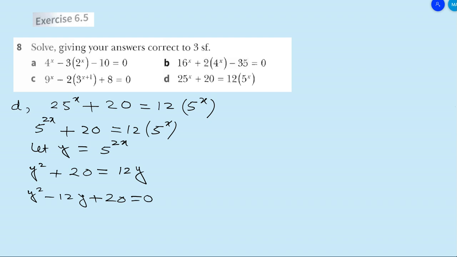Make factors of 20. 10 times 2 is 20 and 10 plus 2 is 12. So y squared minus 10y minus 2y plus 20 is equal to 0.